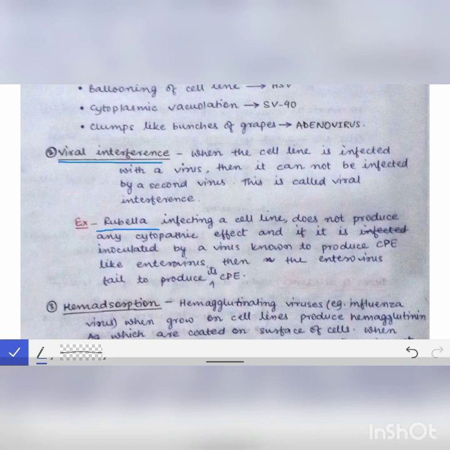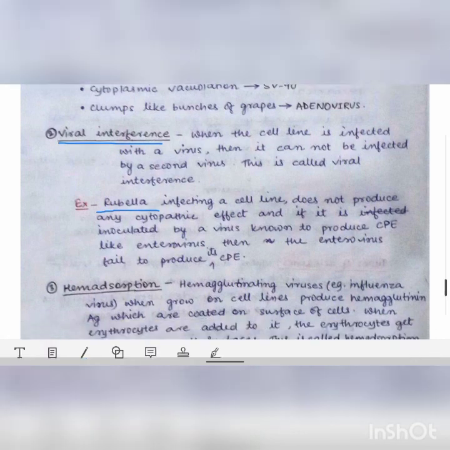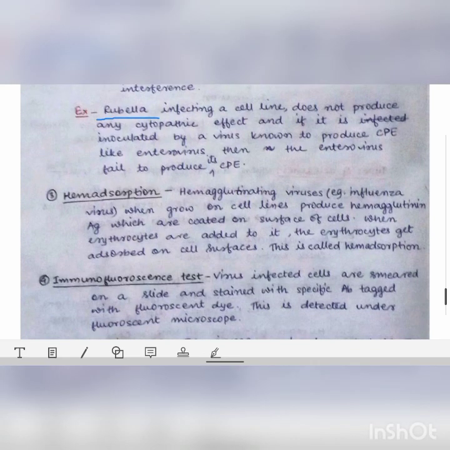We cannot say which virus it is, but we can surely say that there has already been growth of some virus. That is the importance of viral interference.